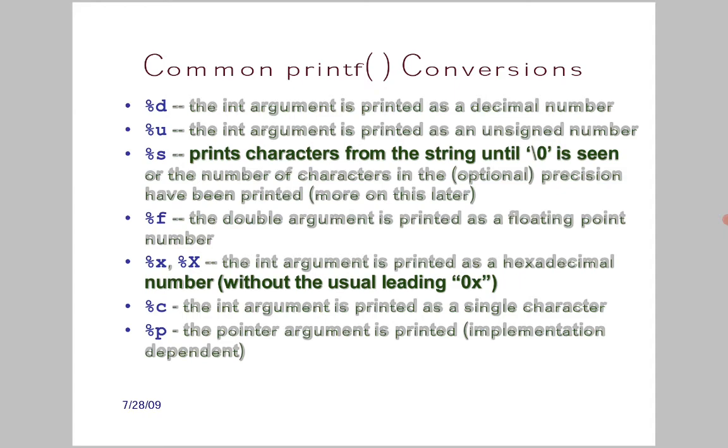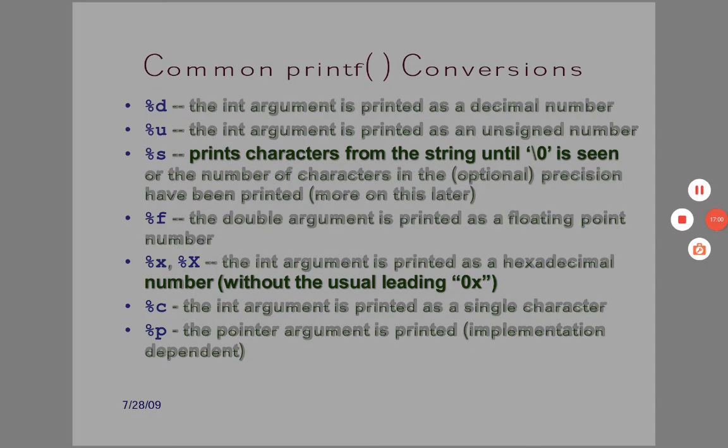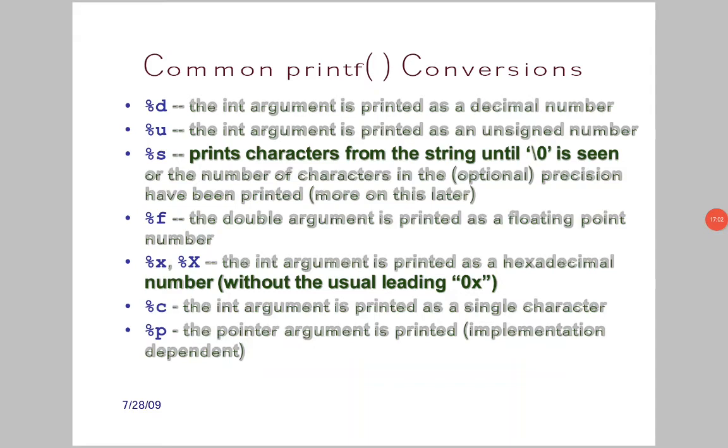Common printf conversions are called control string characters. What are the different control string characters used in scanf and printf functions? %d for integers, %u for unsigned integers, %s for strings, %f for float, %x for hexadecimal, %c for character, %p for pointer.